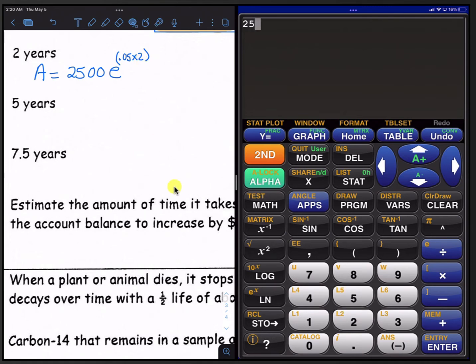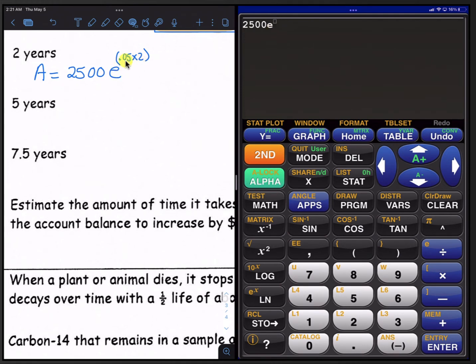So we begin typing the 2500, and then for the e, the best way to do the e, since you have to type in an exponent, is to use this e to the x here, which is the second operation of the ln button. So you would press the second button first, and then press the ln button, and then as you see on your screen, it has e raised to an exponent.